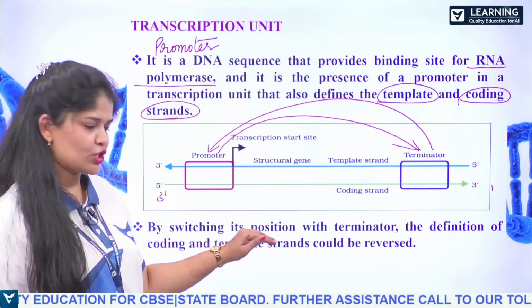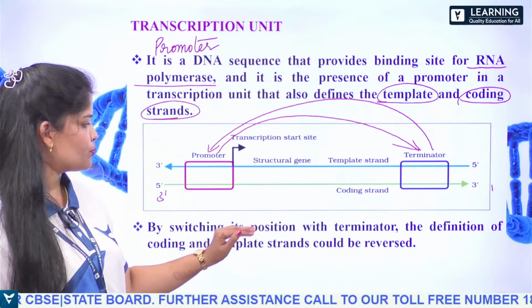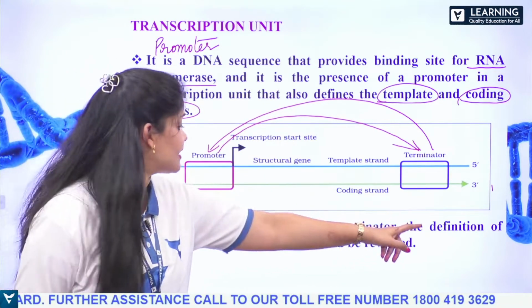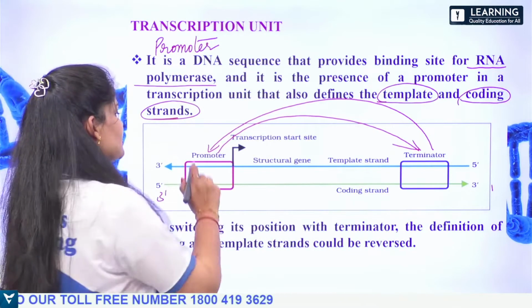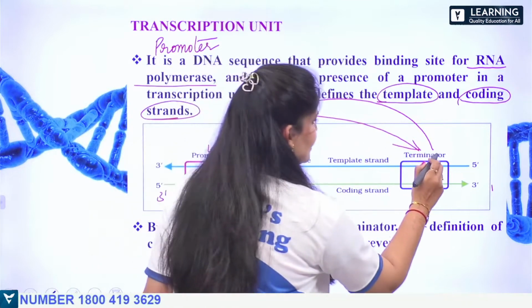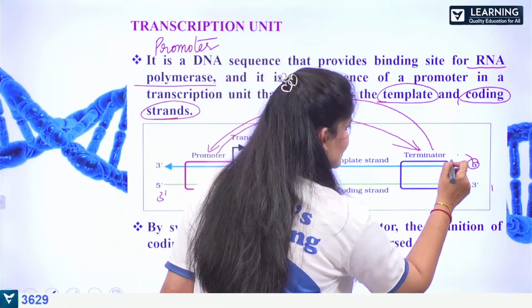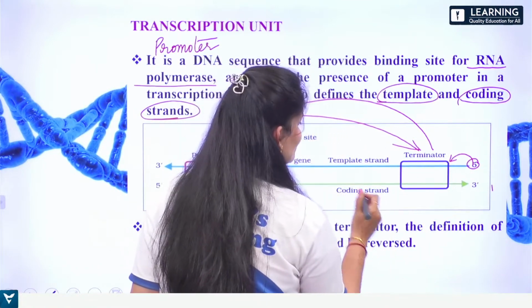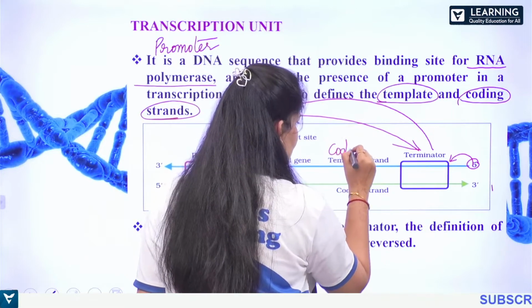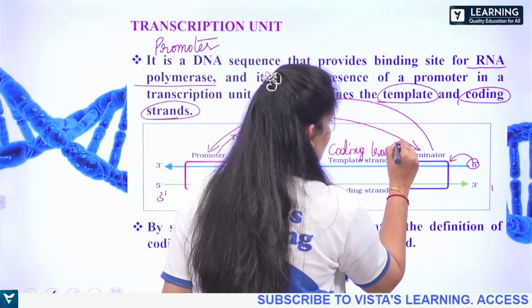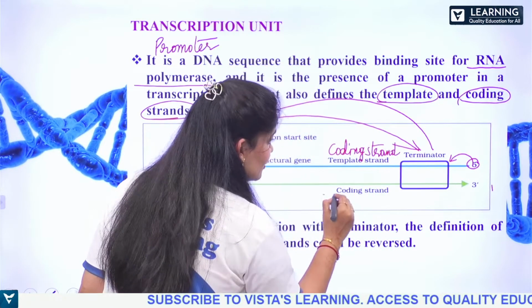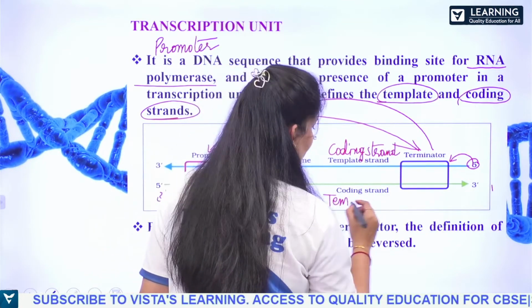By switching the promoter position with the terminator, the definitions of coding and template strand would be reversed. Now, if the promoter goes here, this is the 5' and this will definitely be the coding strand. And this will be the template strand, because it has 3'.